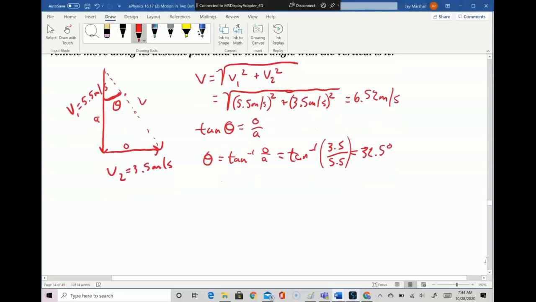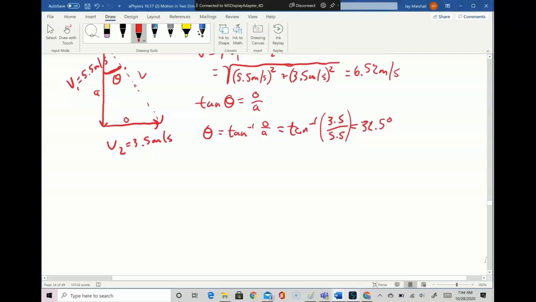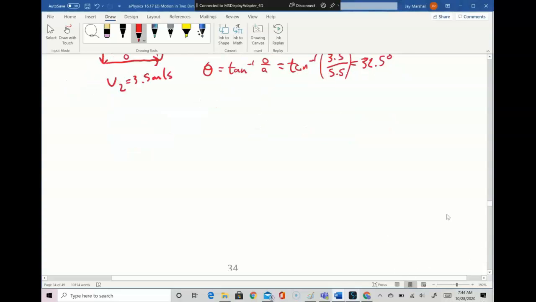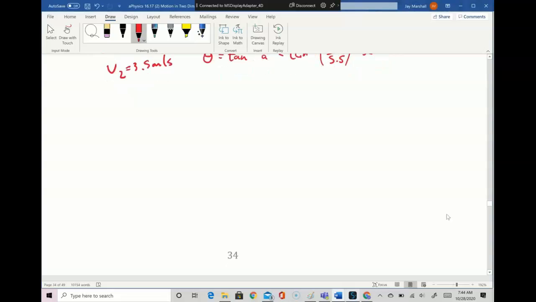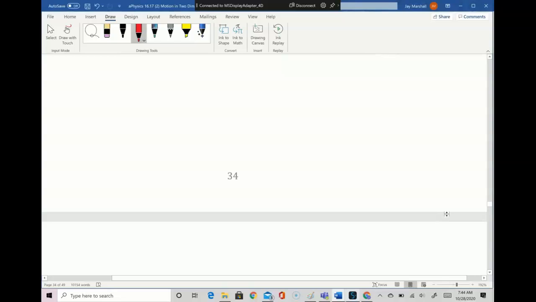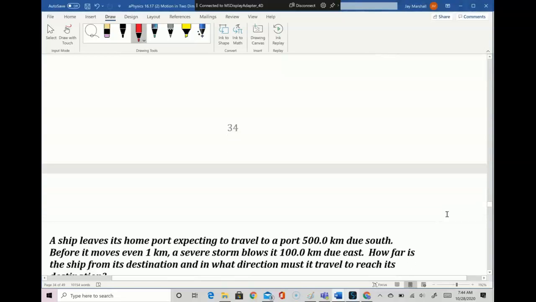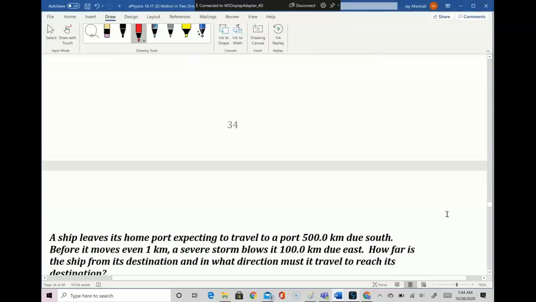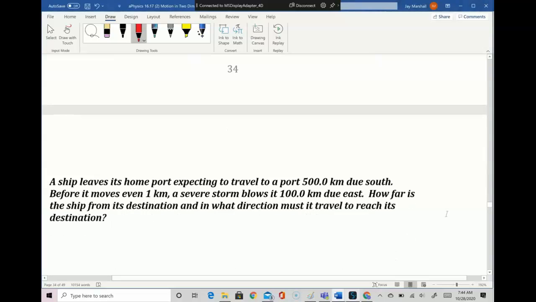Any questions about that scenario? Recognize that was a scenario where I was given two things that were added together, right? And just because they're added together at an angle doesn't mean they're not added together. They were added together, and I was trying to find the result.